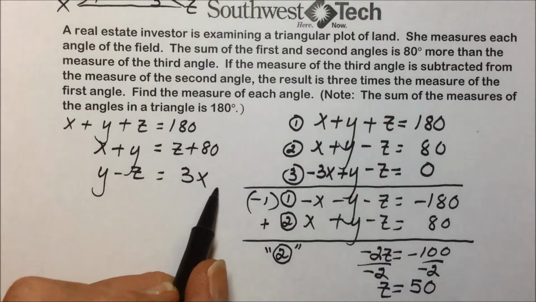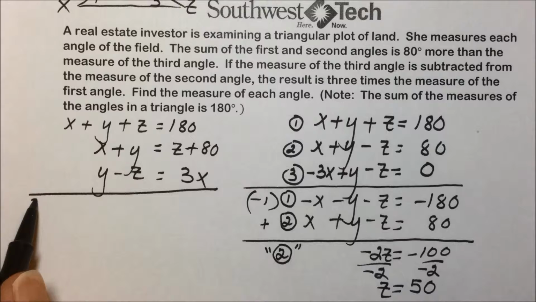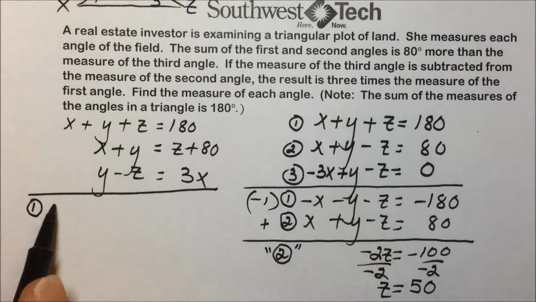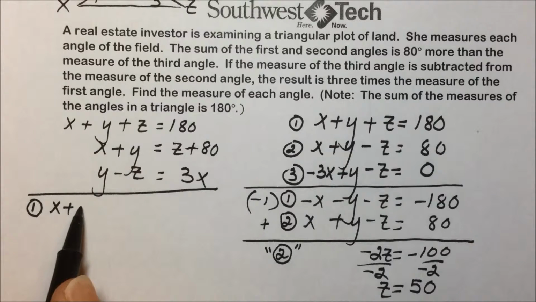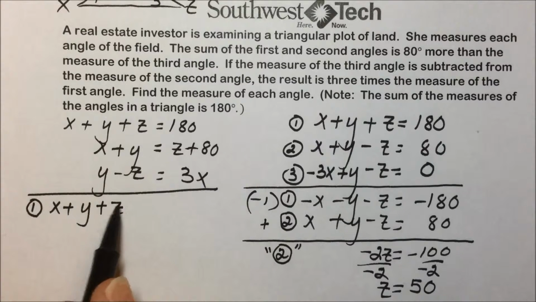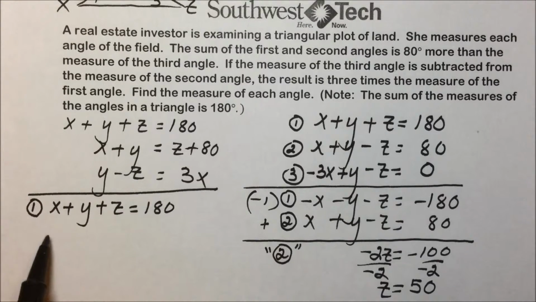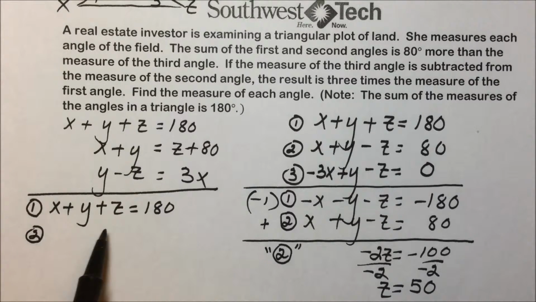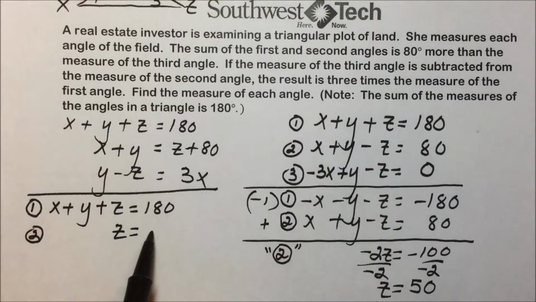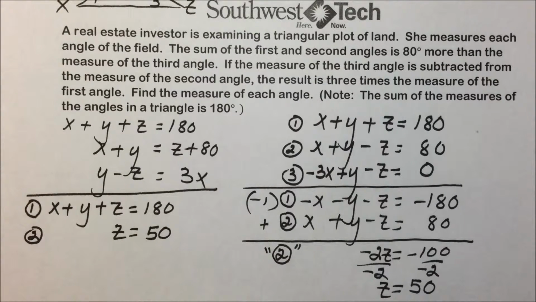So if we're recording our equations, the first equation we're leaving as is, x plus y plus z is equal to 180. Our new second equation is simply z is equal to 50.